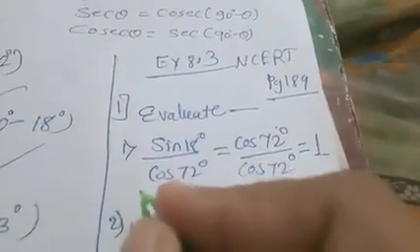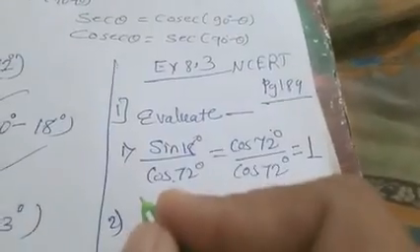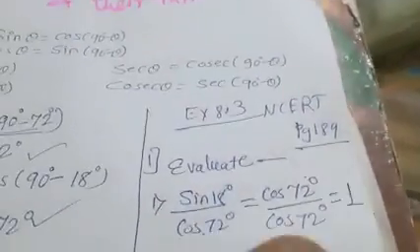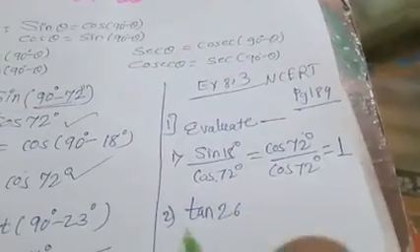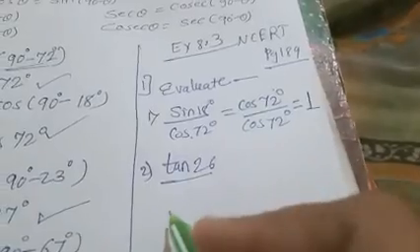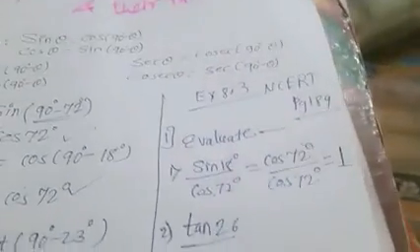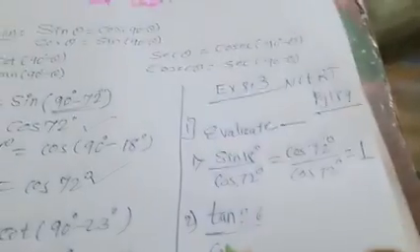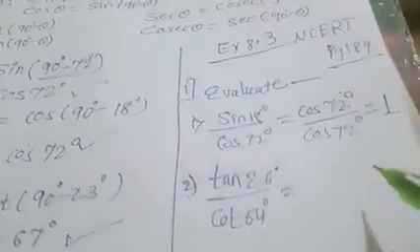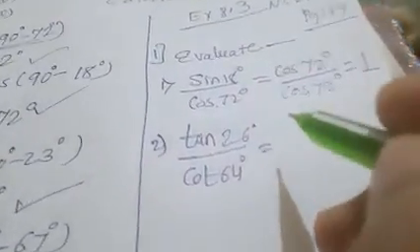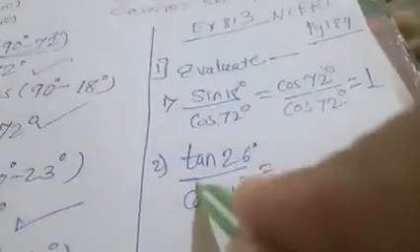See the second one now. It is given tan 26 upon cot 64. These are the degrees. Don't forget to write the degree. Okay. Now tan can be written as what?